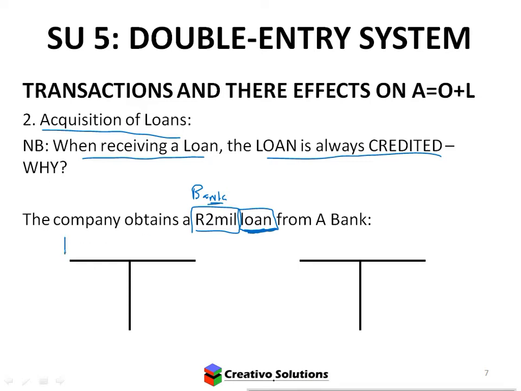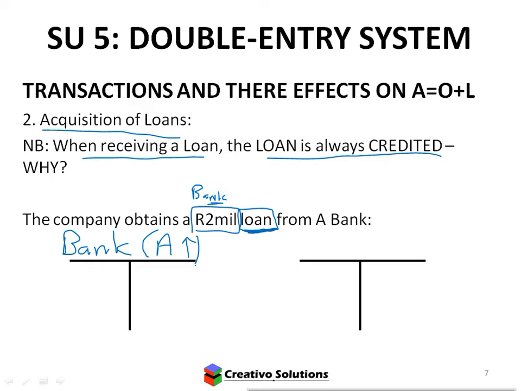So what's going to happen to the bank? Well, let's first ask ourselves, what is it? Bank is what type of element? An asset. If you're getting a 2 million rand loan, what's going to happen to the bank account? It's going to increase. Where do assets increase? Now look at the rules that we looked at last time.